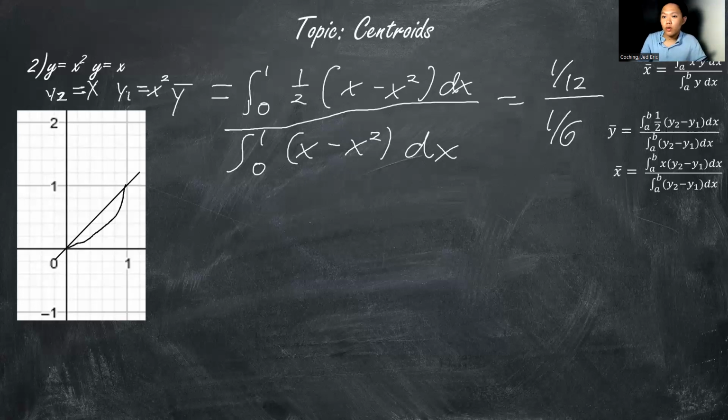So if we input that in our calculator, 1 divided by 12, divided by 1 over 6, y is equal to 1/2.